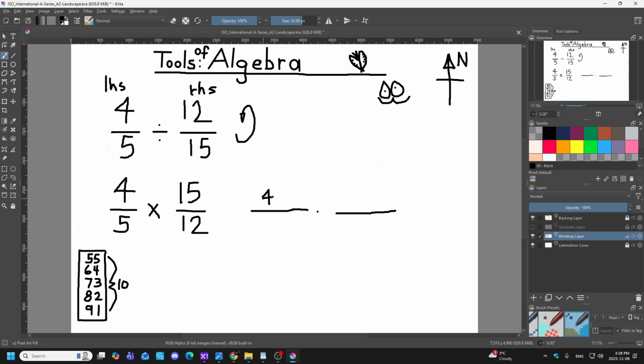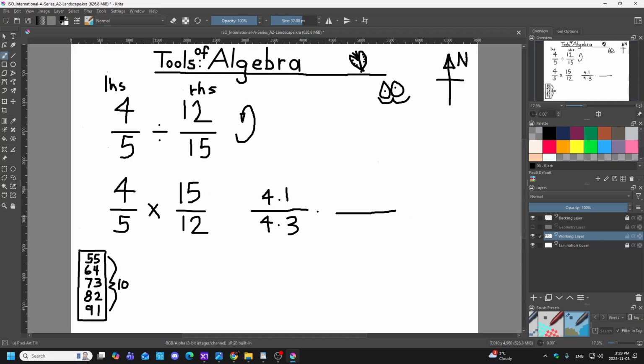Well, that's 4 times 1. We're working with the even numbers right now. What times 4 gives us 12? Well, that's 3. Okay, we've essentially broke the 4 into two numbers and the 12 into two numbers.